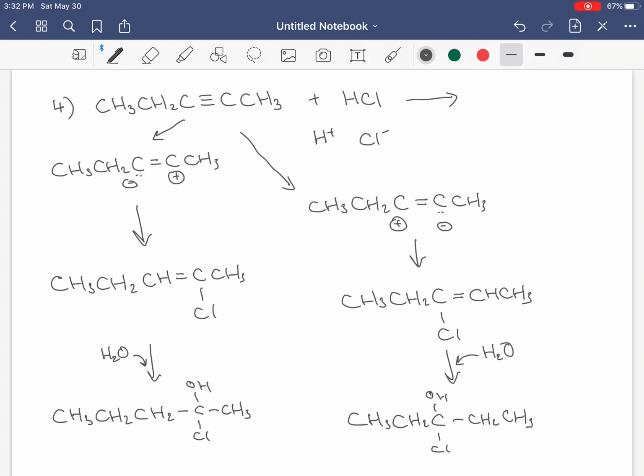So for this pretty cool reaction and a pretty cool example, you'll have two products being formed. Because for the first reaction, Markovnikov's rule actually doesn't apply. But for the second reaction with the water, Markovnikov's rule does apply.